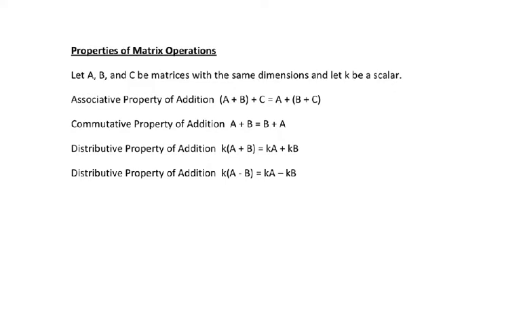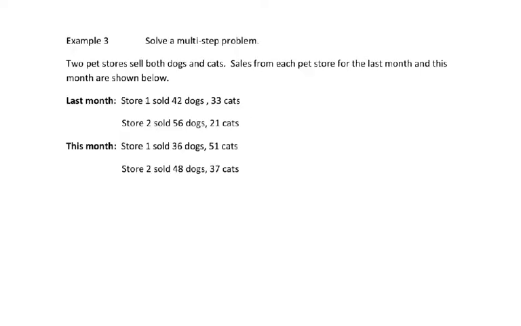If I have a scalar multiplied times 2 matrices, I can distribute it, and it would still have the same answer. If I have it multiplied times a subtraction problem instead, subtraction is just negative addition. Same rule. That's what those mean. So let's do a multi-step problem.